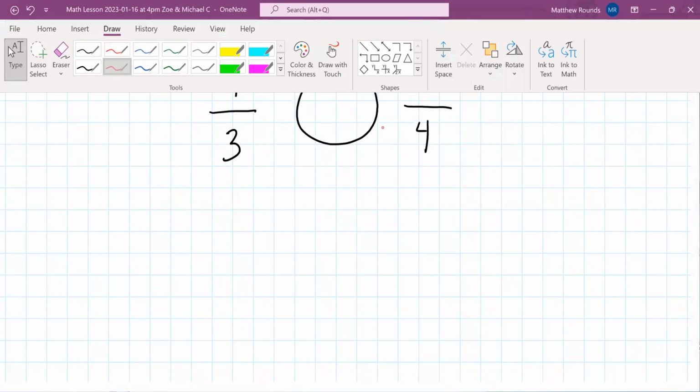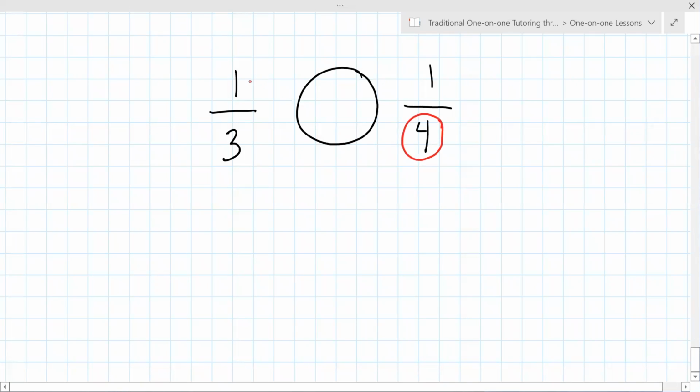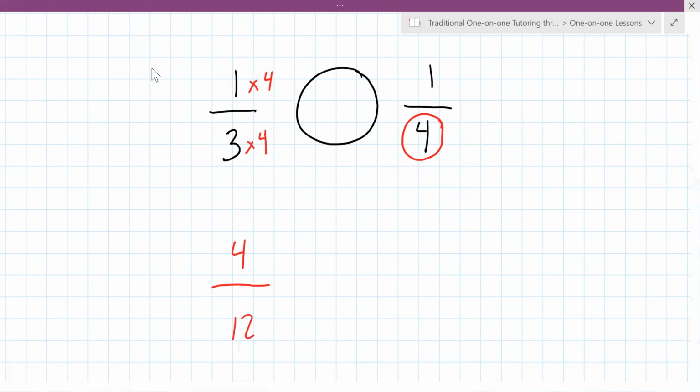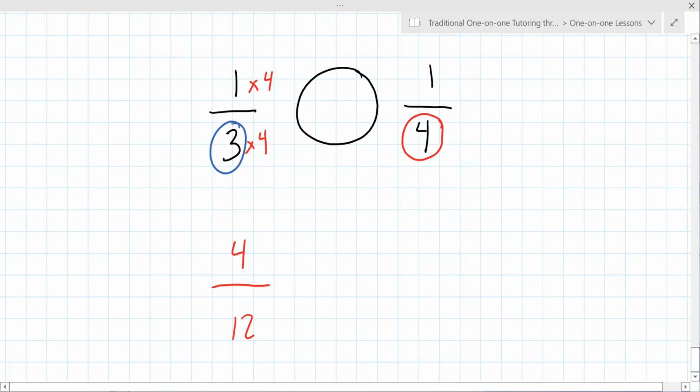is take the 4 and multiply both of these numbers on the left by 4. What does that become on the left here? 4 on the top and 12 at the bottom. 12 at the bottom, good. And on the right, you can take the bottom number on the left, 3, and multiply both of these numbers by 3.